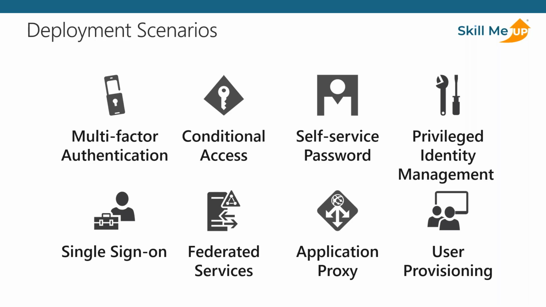Let's say it's on-premises ADFS. They can have cached credentials posted to federated services, which can be used to protect on-premises applications, as well as allowing them to connect directly into Office 365 with the same authentication token.